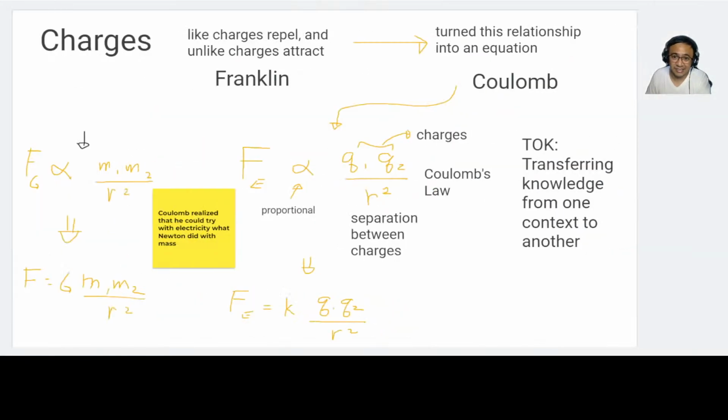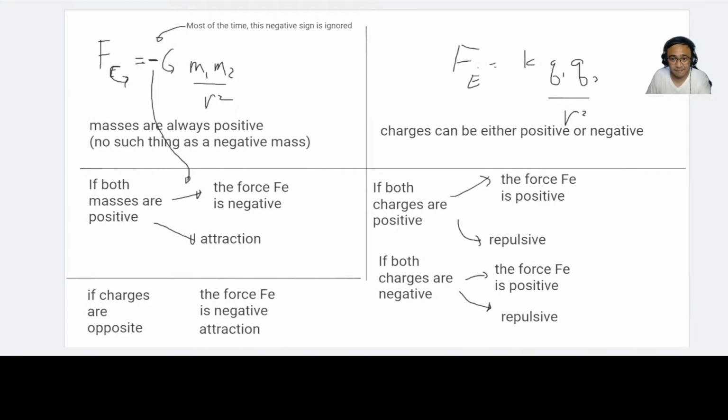So that's basically the TOK bits about it. Is it clear now why we compare electrical forces to gravitational forces? It's similar because there are still two quantities, and similar because you have the r squared term. It's similar because you're still talking about attraction, gravity pulling things towards each other, like the planets.